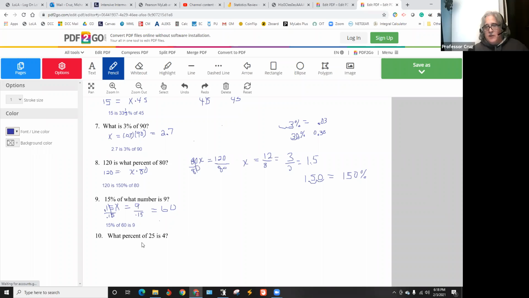All right, so let's look at that last one. What percent? So it's x times 25. Put a little dot in there, we'll change that in a minute, is 4, which is essentially 25x is equal to 4.